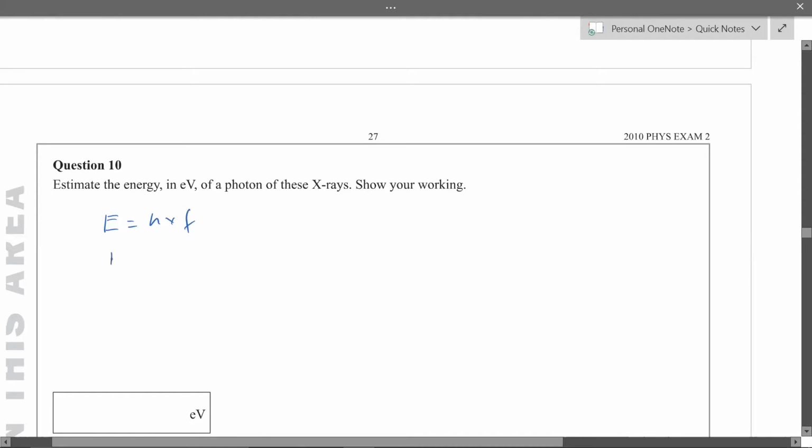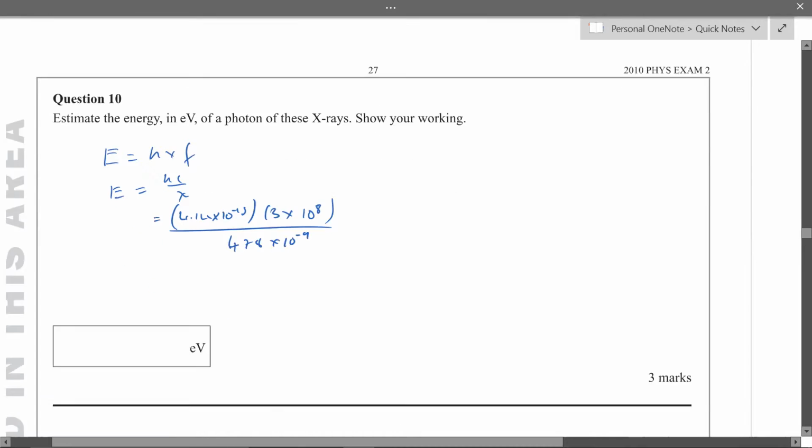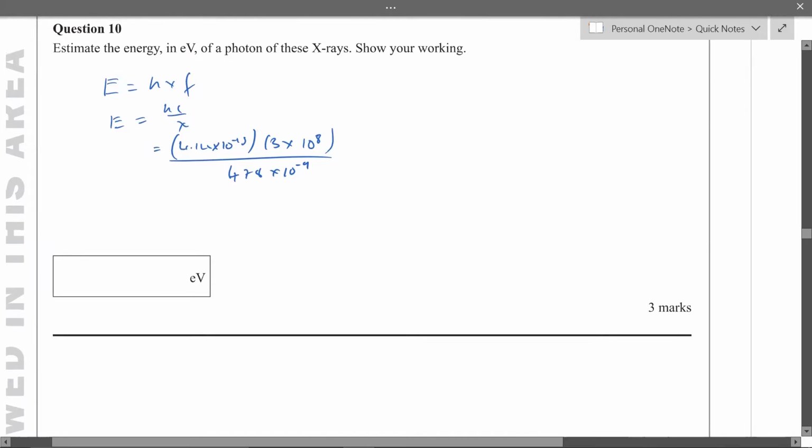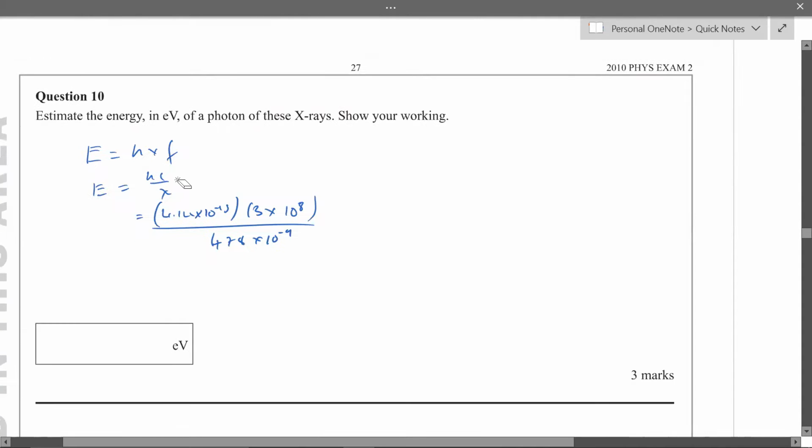So E equals hc on lambda, which is 4.14 times 10 to the negative 15, 3 times 10 to the 8 on 478 times 10 to the negative 9, which is, oh sorry, I'm doing the next question.